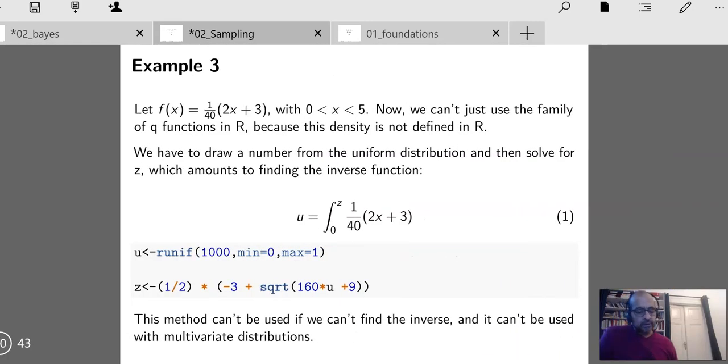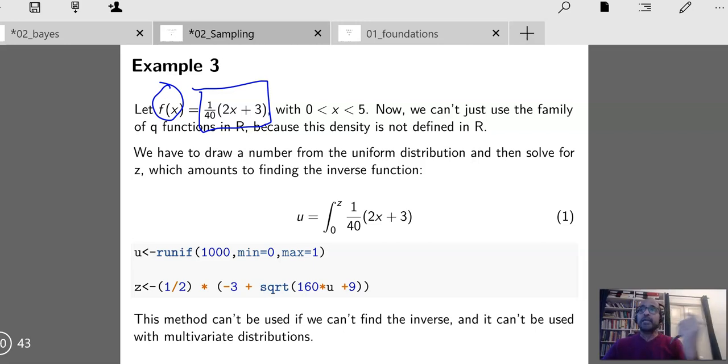All right, so these are all easy cases, because for these exponential, gamma, and normal cases, we already know how to sample using the R family of functions. But now suppose that I gave you a PDF like f(x) here, where I've got some particular definition for the PDF which you've never seen before and for which there is no function in R. So now you're stuck.